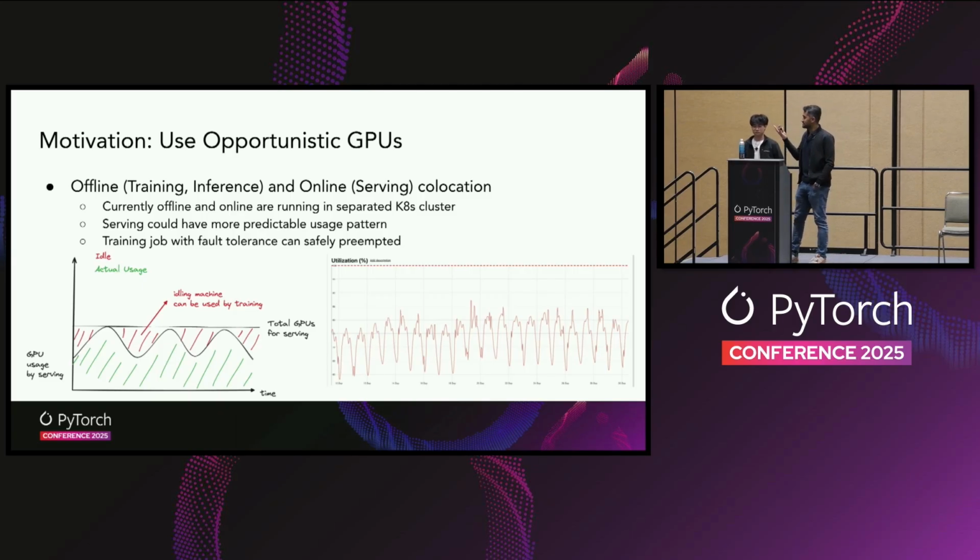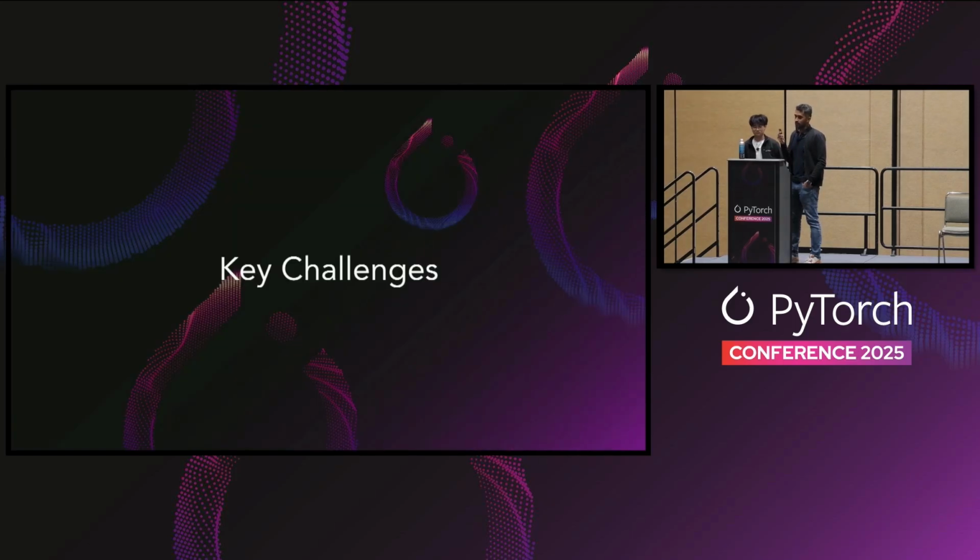Again, the same problem presents itself. However, when serving wants the GPUs back, we want to kick these jobs out and then offer the GPUs to serving. Again, we want these jobs to be fault tolerant so that they can resume their work on another GPU. So that being said, I'll hand it over to Chia-Wei to talk about how we enable fault tolerant training.